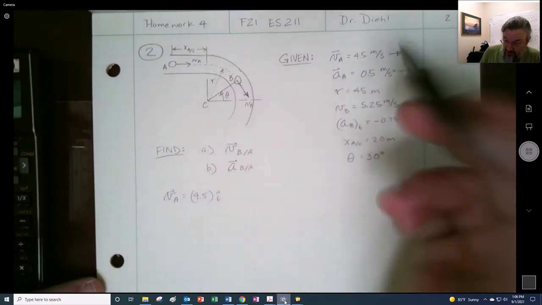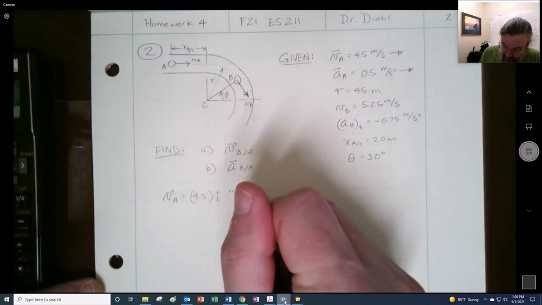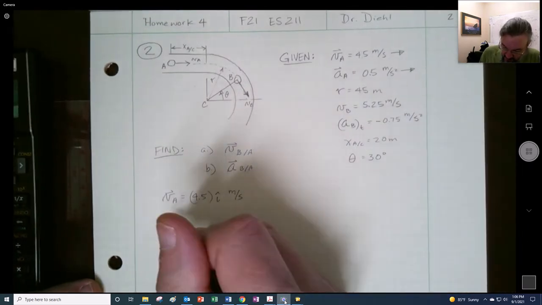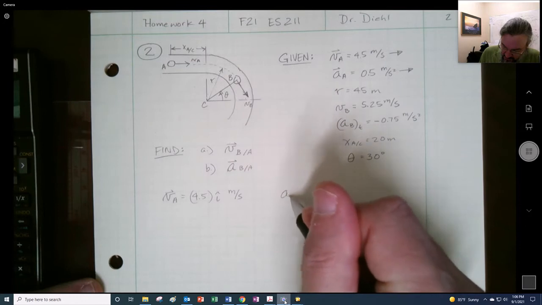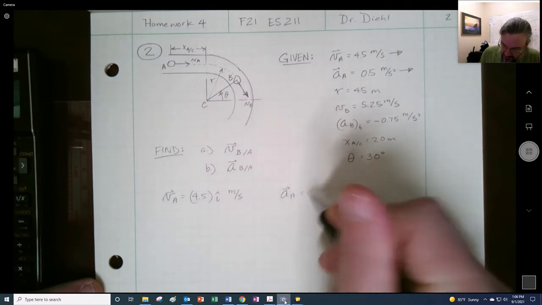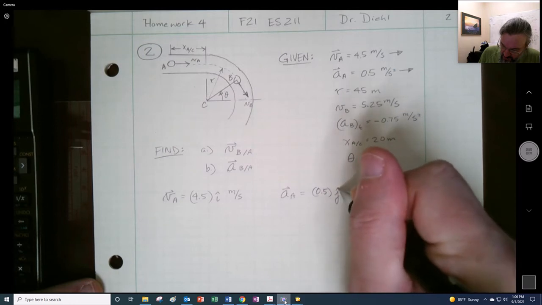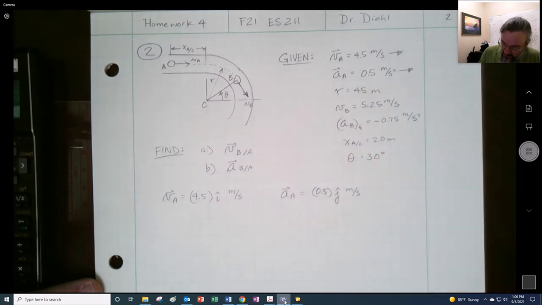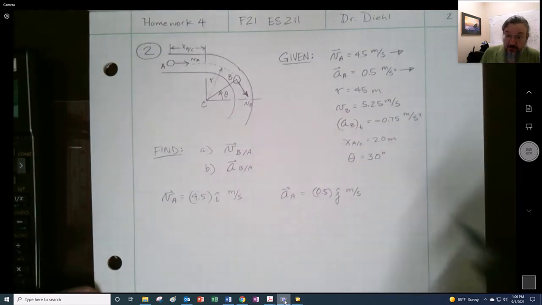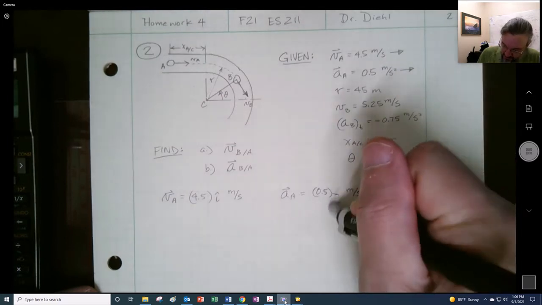It's positive and in the i direction. We can also write the acceleration of A. These are just given: 0.5 i meters per second squared.